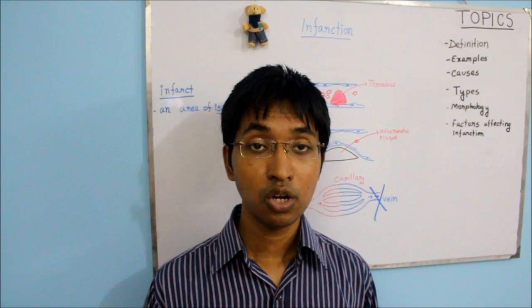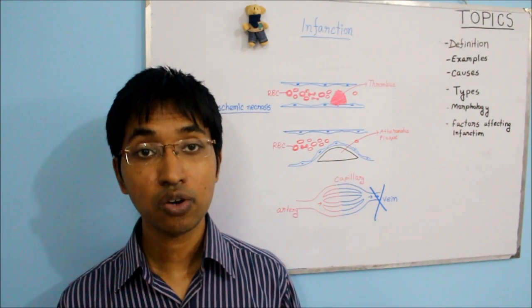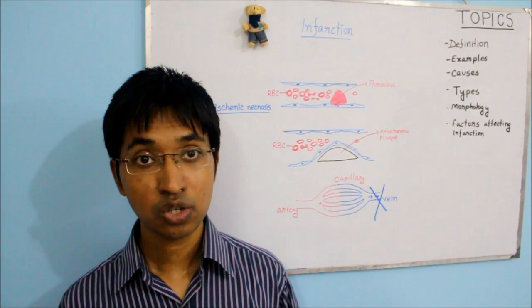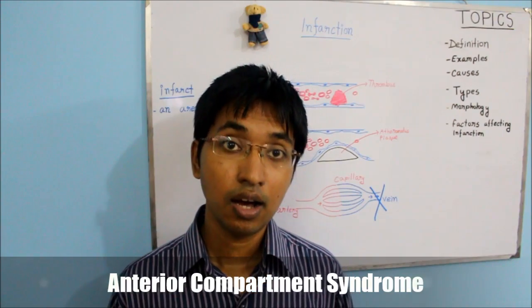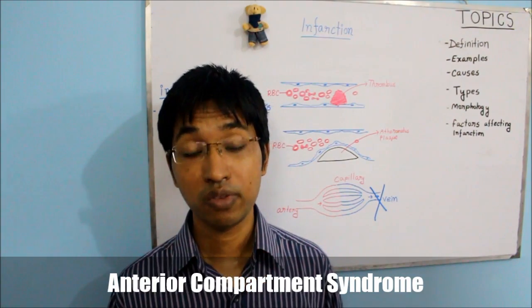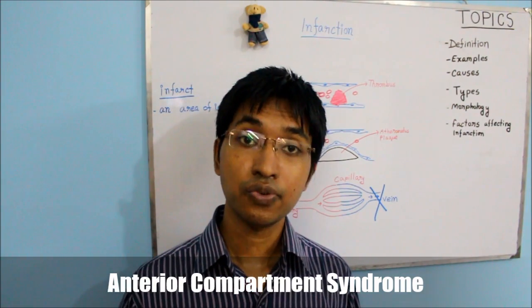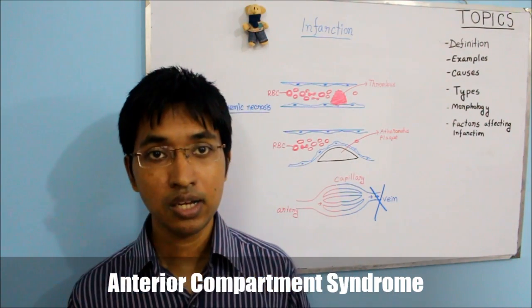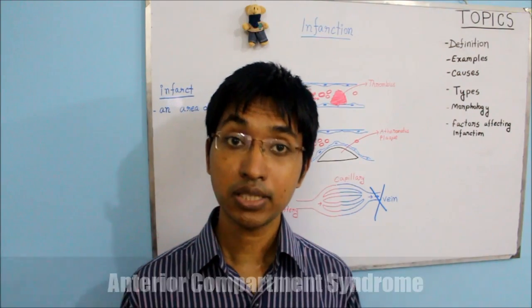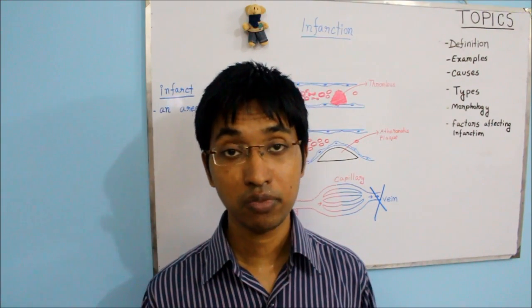Say for example, whenever there is anterior compartment syndrome, that is when there is an increased amount of edema fluid present in the anterior compartment of the leg, that excess fluid compresses the vessels that used to supply the four major muscles of the anterior compartment of the leg.